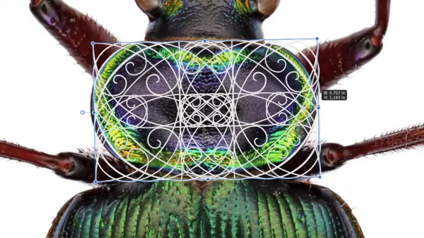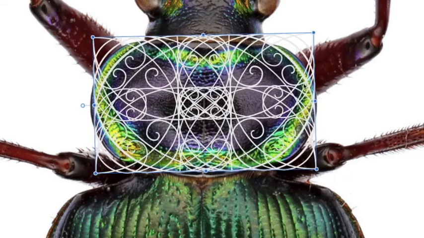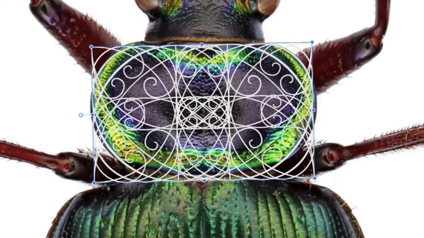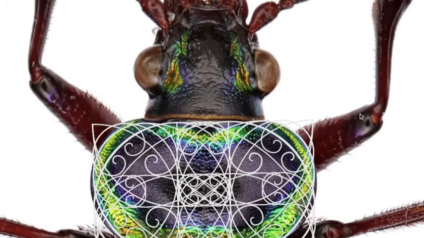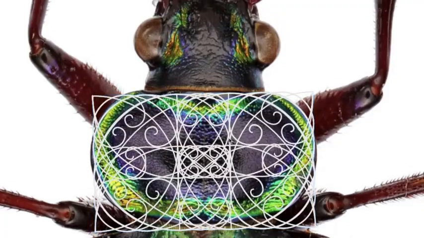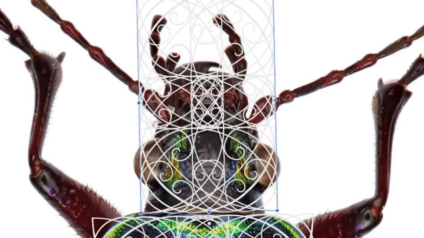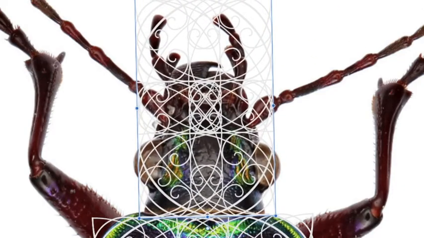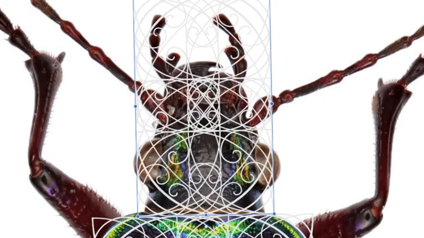Let's just go on the green part. Focus right in on the green here. Then if we take that one, the same size, turn it upright, we get this, just basically as wide as the eyes are.